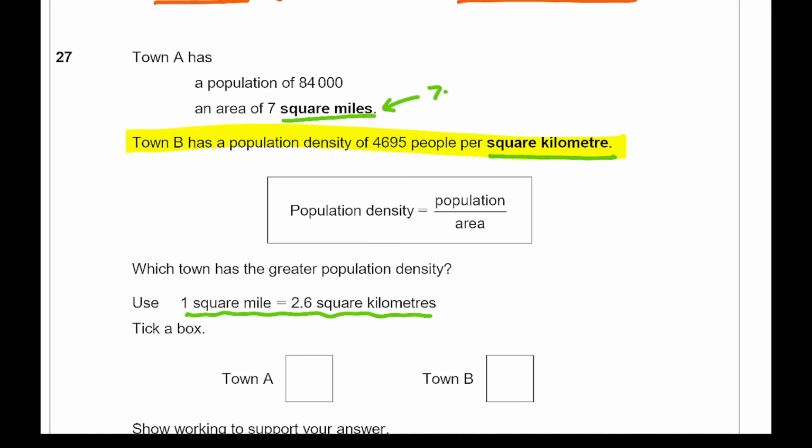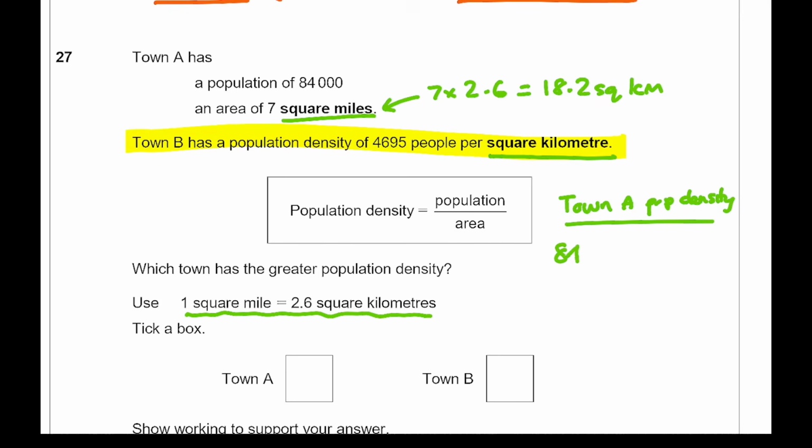So if I do 7 times 2.6, I get an answer of 18.2 square kilometres. From this I can then work out what Town A's population density is going to be, in which I use this formula here.